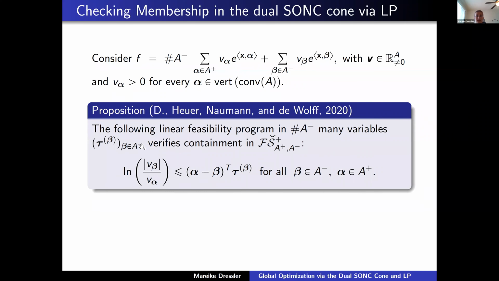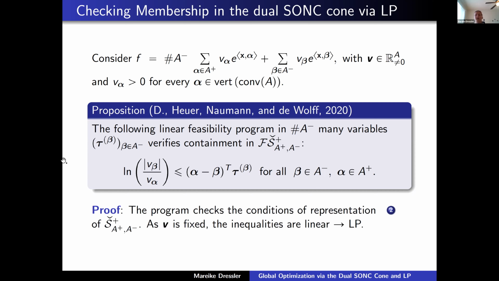Namely, it just checks this condition. And this program, you see, is in as many variables tau as we have interior points. So for every interior point, we have to check if this inequality holds. And if it does, then we know that this zignomial is contained in this function dual cone.